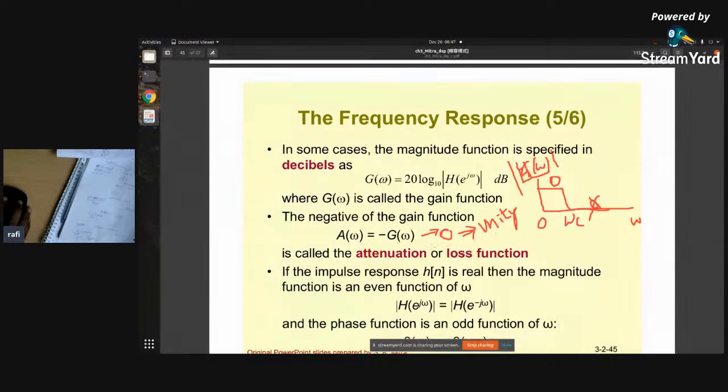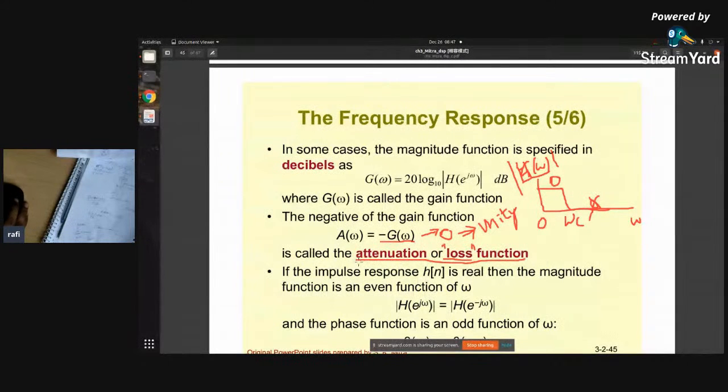Whatever values are less than 0, if g of omega is taking negative values, that means it is not giving unity gain, it is giving some fractional gain. The output will have lower gain, so we call it attenuation or loss function. Some gain is being discarded, so there is some loss in the output compared to the input.